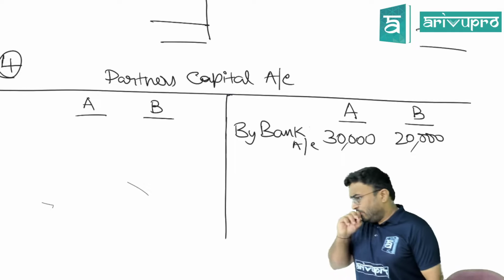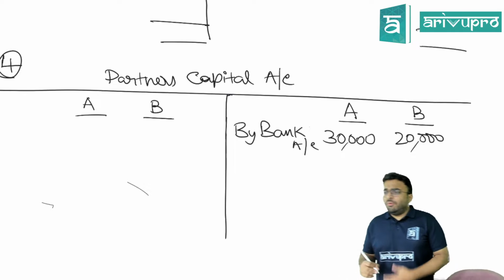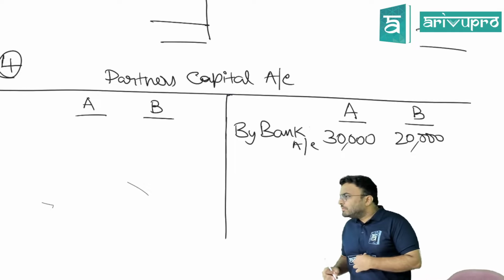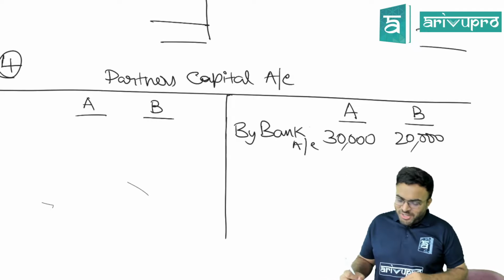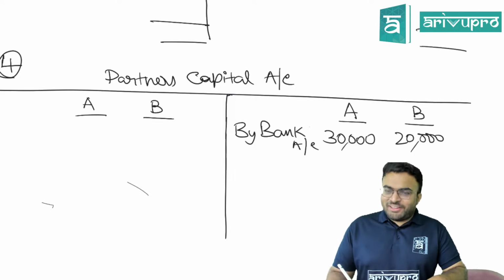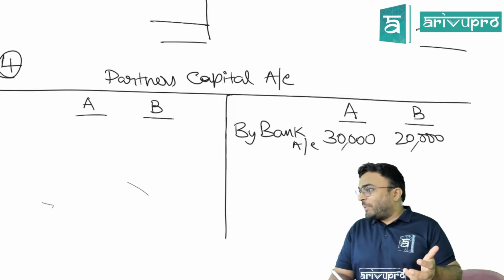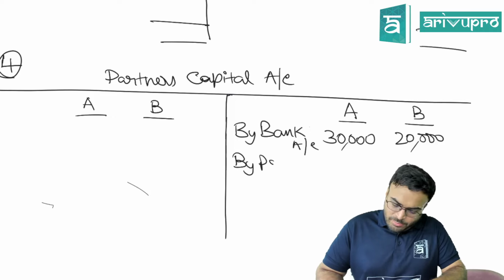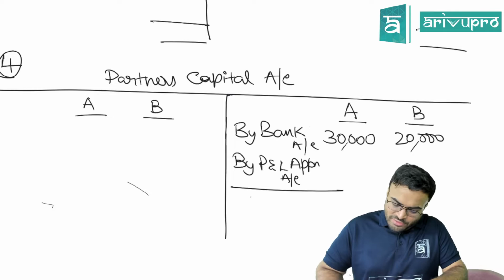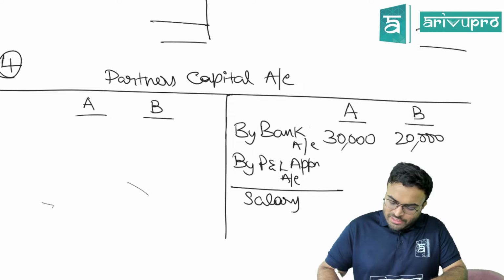Next, what happens? Interest on capital. But before that, salary to partner is also given. So you write by P&L appropriation account. Under that, what is given? Salary. Salary is given only to B, 6,000.